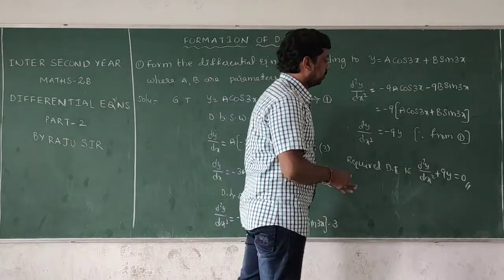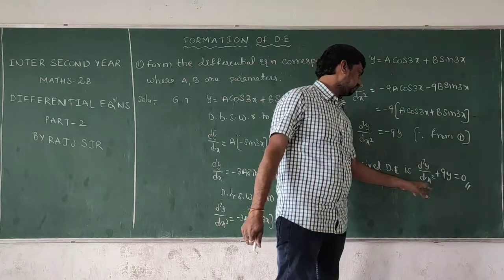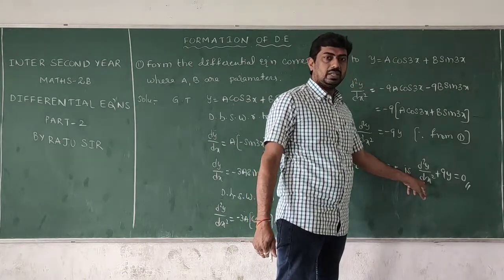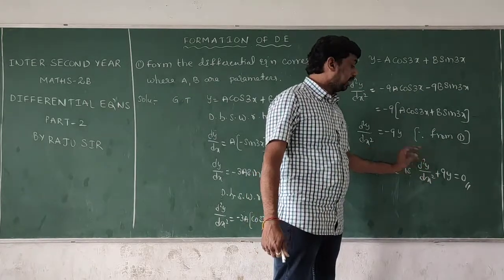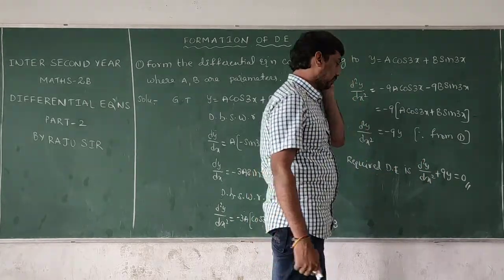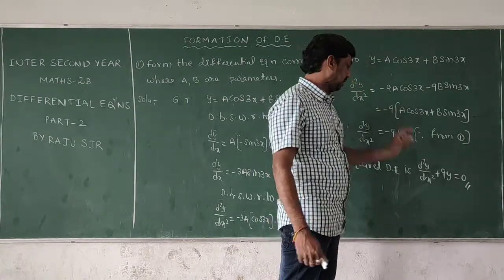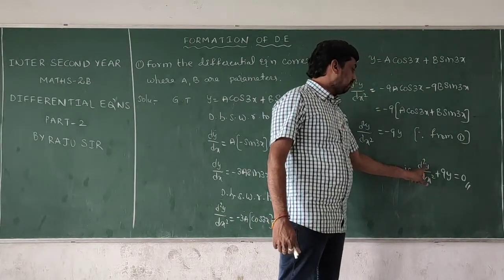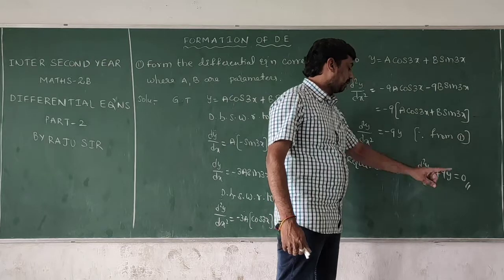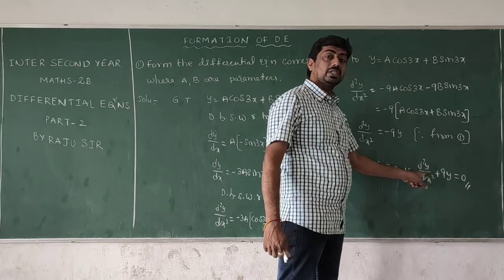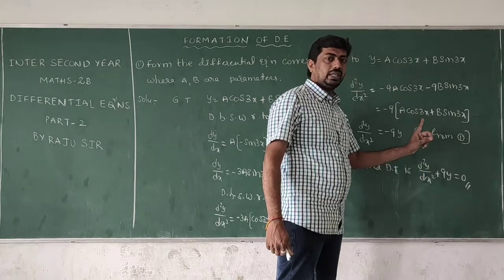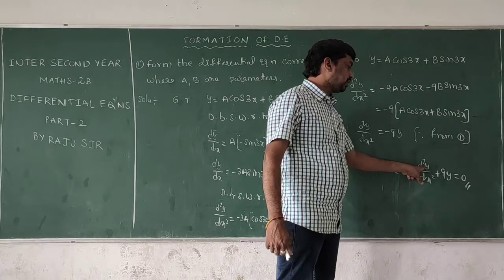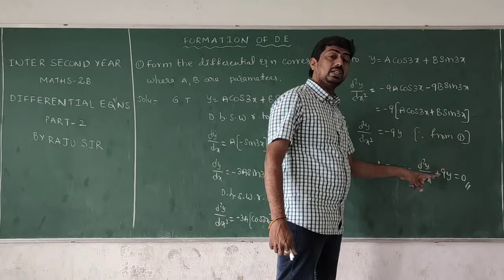Just one question: this one is the required DE. Just say what is the order and degree of the given differential equation, for recap purposes only. Anyone? Very good. Here the maximum order derivative term is d square y by dx square, so the order of the DE is 2.